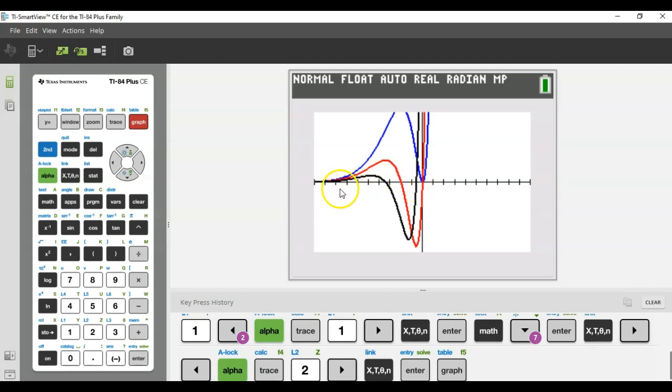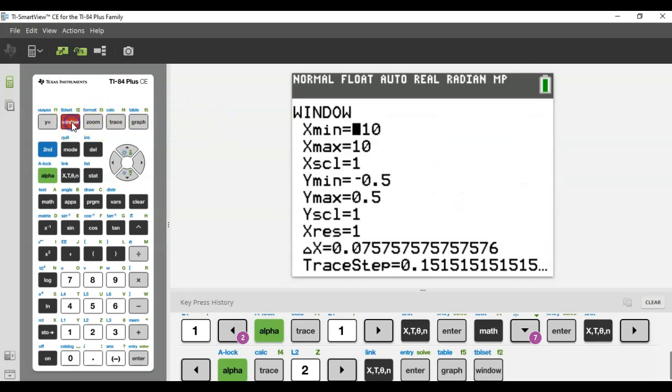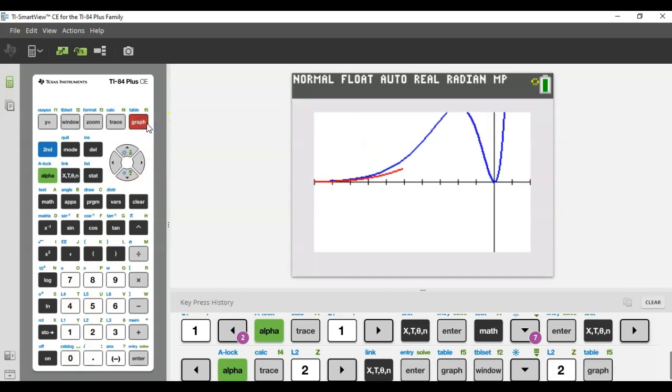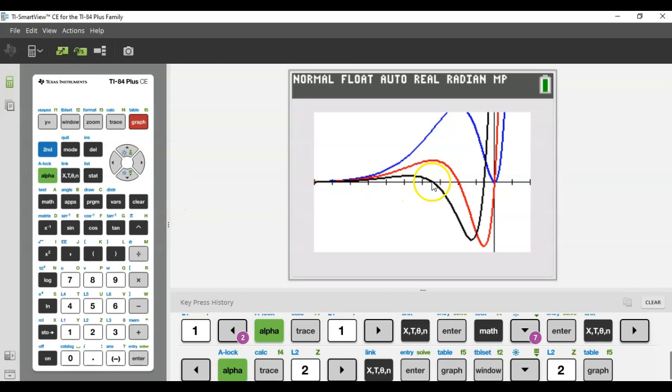So if you want, you could zoom in a little bit more. Maybe let's go from -10 to 2. And we're just going to use our solver to find what the roots are for y3, our second derivative.